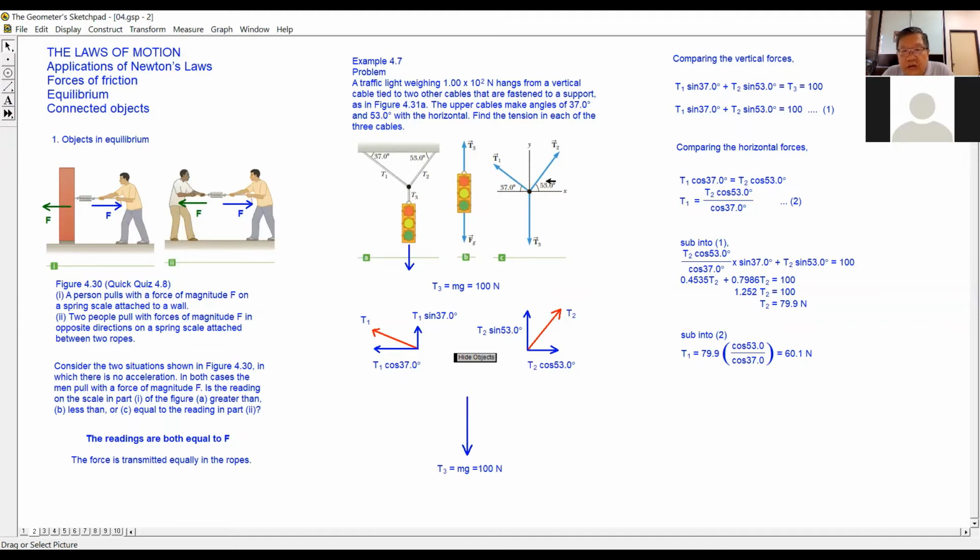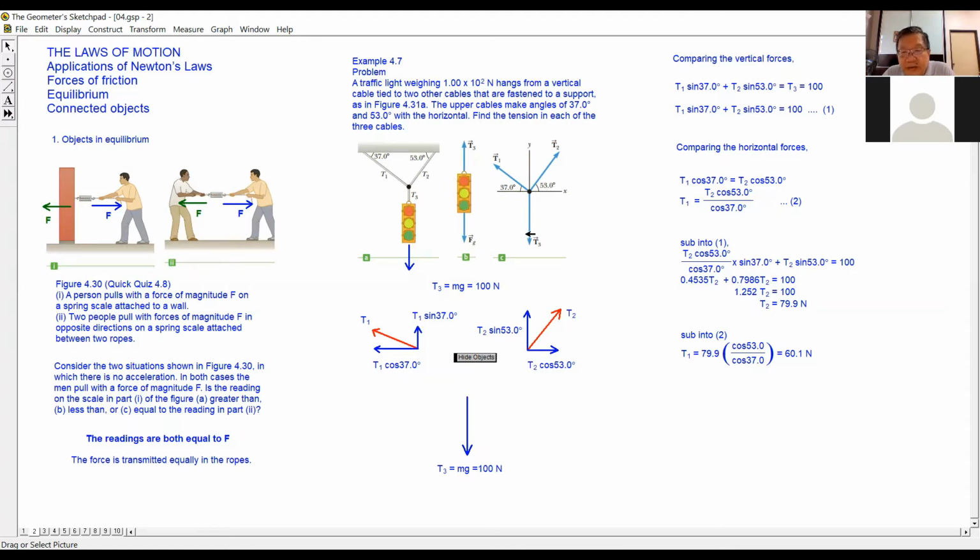So we shift on to the last diagram here, which is the force diagram. The force diagram shows three forces acting on this point where the three ropes are tied. So T1, which is at an angle of 37 degrees with the horizontal. T2 produced by rope number 2, which is at an angle of 53 degrees with the horizontal.